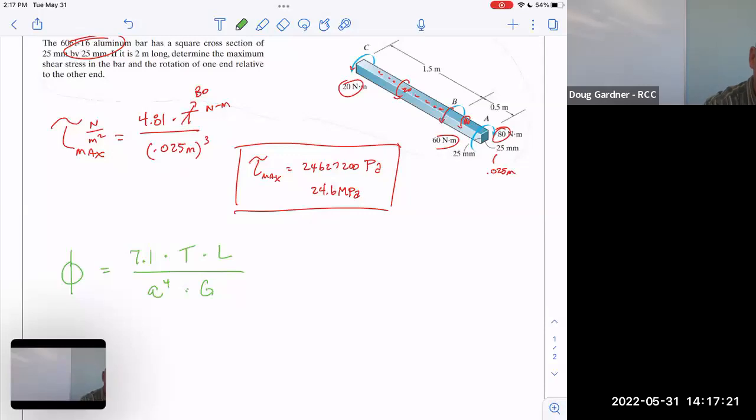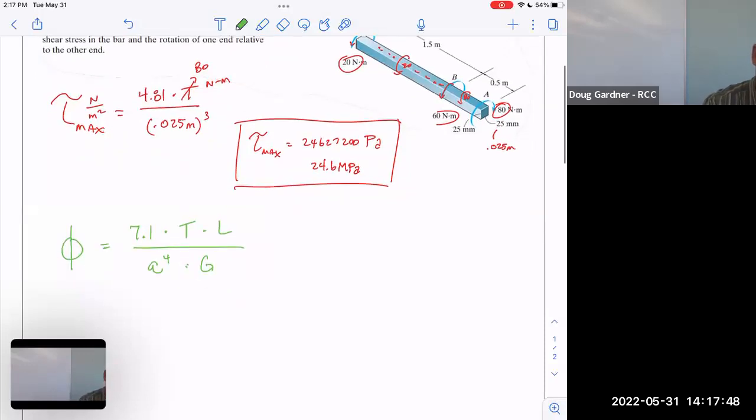Yeah, this is an interesting one. So let's just start throwing a few things in. I can see the length of this is, well, now I'm a little confused because is it 2 meters? Oh, it's the overall. Or is it 1.5 or is it 0.5? Okay, so let's wimp out a little bit here.